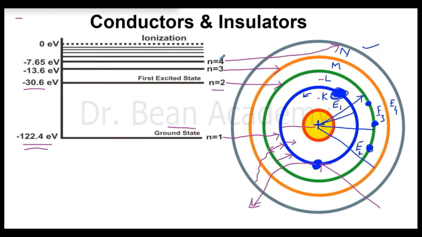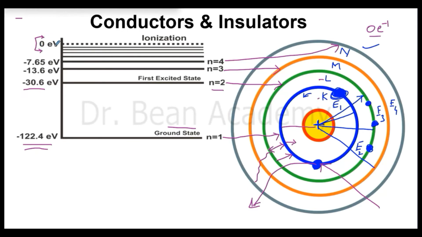When an electron is totally free and not under the effect of any nucleus, we say that it is ionized. There is no influence on this electron, it's totally free, and we consider its energy as 0 because it has no energy.